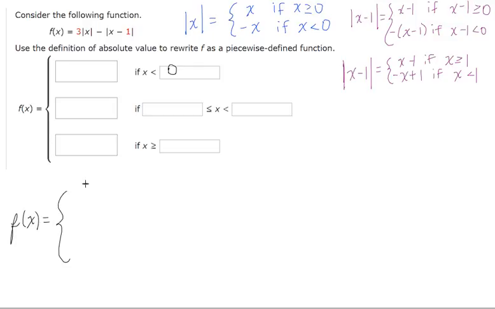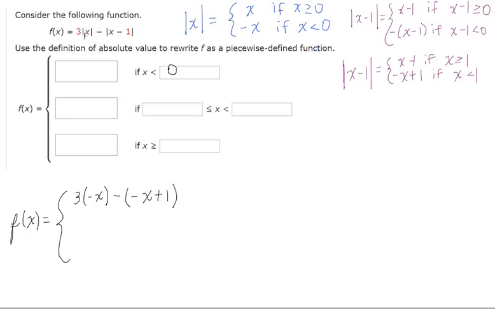Okay, so f of x is defined by 3 times the absolute value of x, and if x is less than 0, that is negative x. So 3 times negative x minus the absolute value of x minus 1. If x is less than 0, then we're in this category, x less than 1, so it's defined by negative x plus 1 right there.